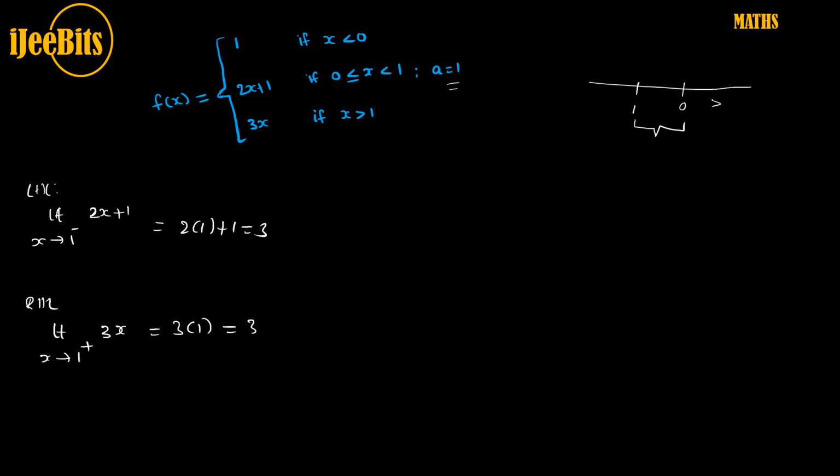Your LHL equal to your RHL. That means at the given limit f of x does exist, limit a equal to 1. This is how you have to define. You clear?